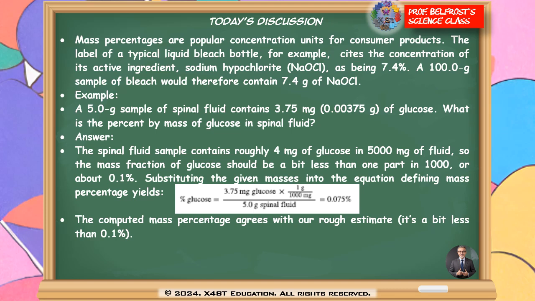Say that you have a 5 gram sample of spinal fluid that contains 3.75 milligrams of glucose. What is the percent by mass of glucose in the spinal fluid? By utilizing the formula before, and converting the milligrams to grams, the mass percentage of glucose here is 0.075%.